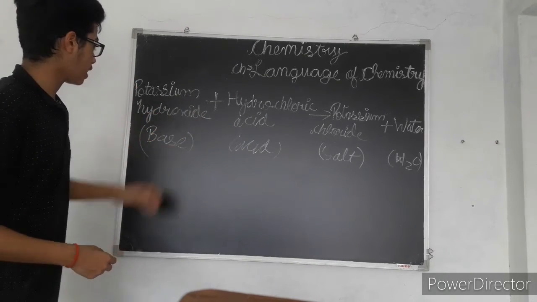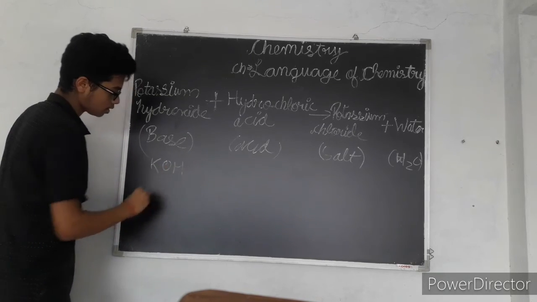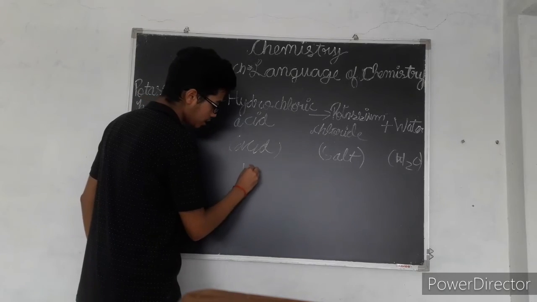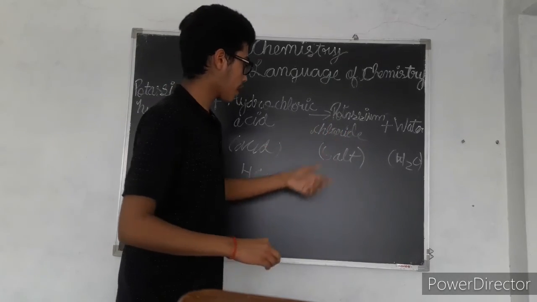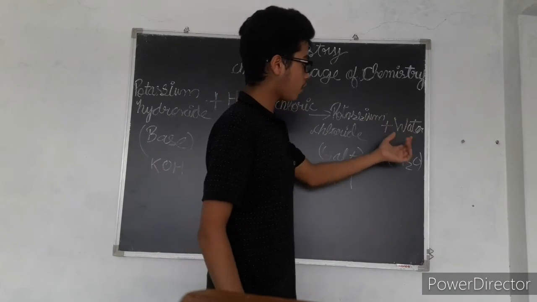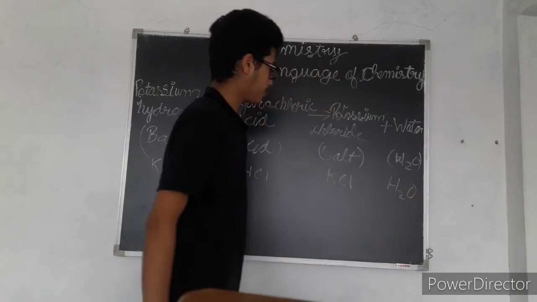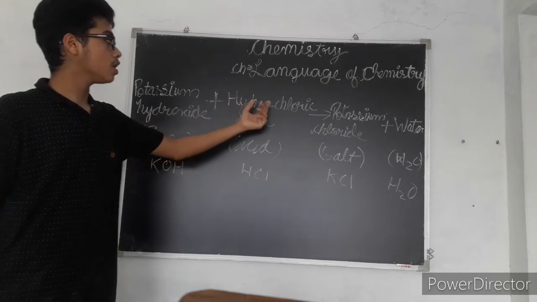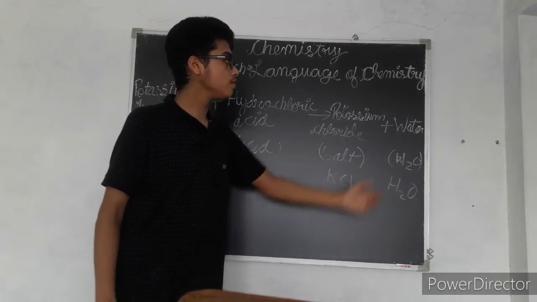Potassium hydroxide, KOH, reacts with hydrochloric acid, HCl, to form potassium chloride, KCl, and water, H2O.